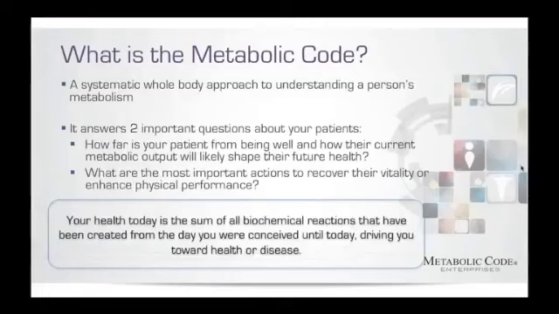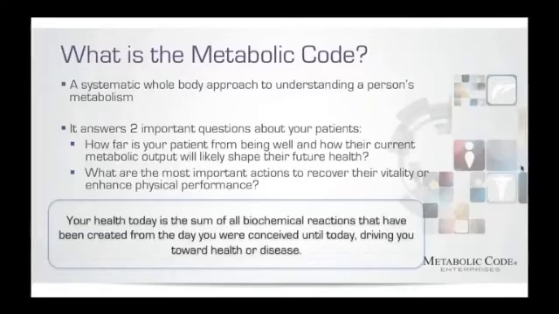And as Jim will describe as part of the air support system that we're going to go over, the Metabolic Code is a systematic whole-body approach to understanding the entire metabolism of a person and not just some of the markers. So it's going to answer two important questions. How far is your patient from optimal wellness, and how is the current metabolic output that they have now going to shape their future health? So where are they going from here?